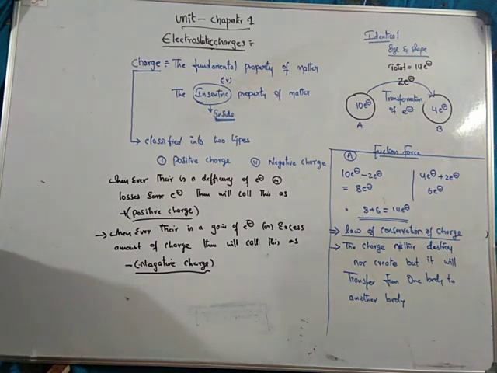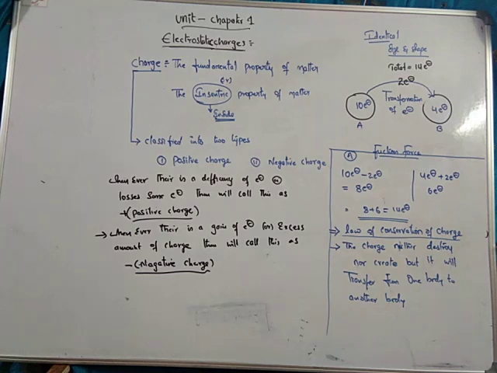Initially we consider atom A and atom B, where atom A has 10 electrons and atom B has 4 electrons. Before the process, the net value is 14 electrons. And one more condition: the atoms A and B should be identical in size and shape.